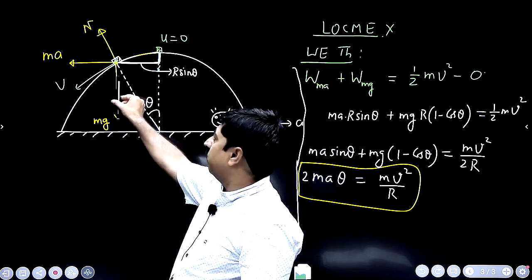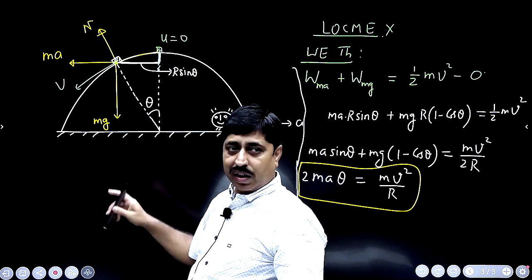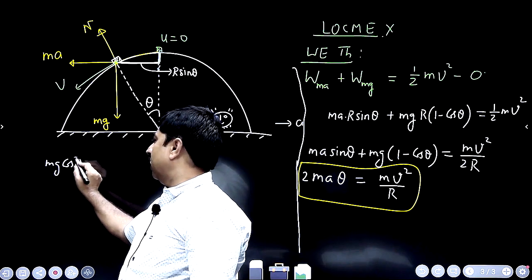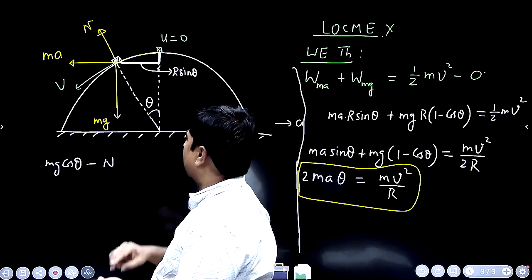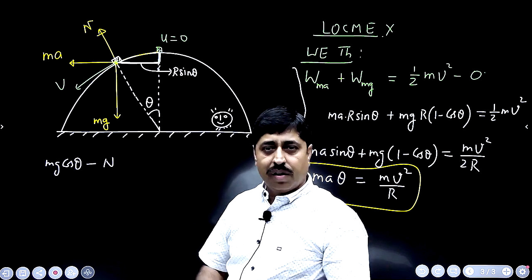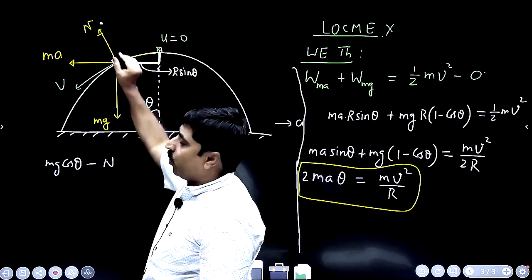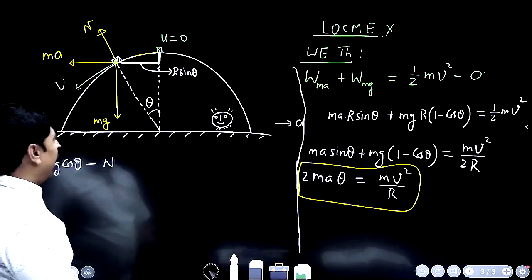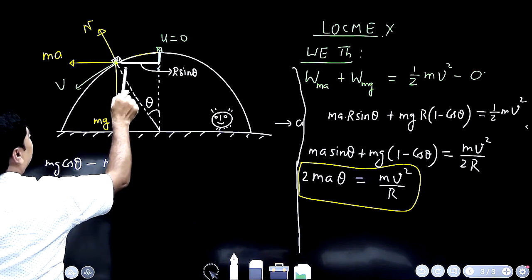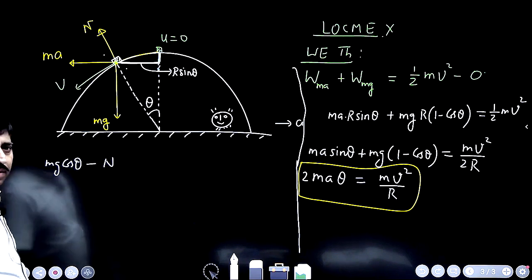you can see here yourself, mg has a component towards center, which is mg cos theta. Normal reaction is away from the center, it is in radial direction, and then ma also has a component this way. This ma will have a component this way. This angle is theta, this is 90 minus theta, this is also 90 minus theta.